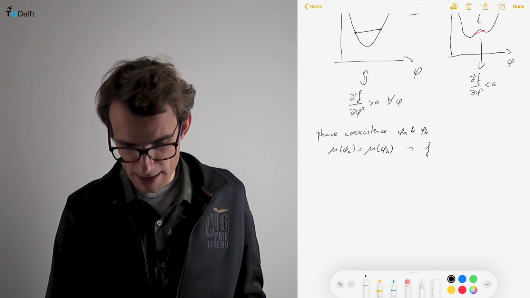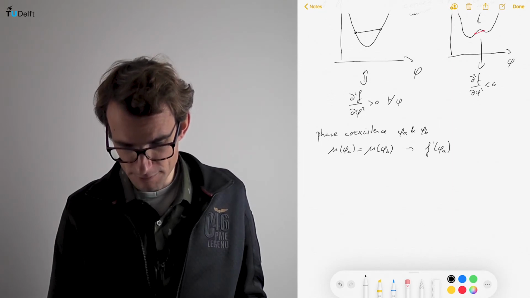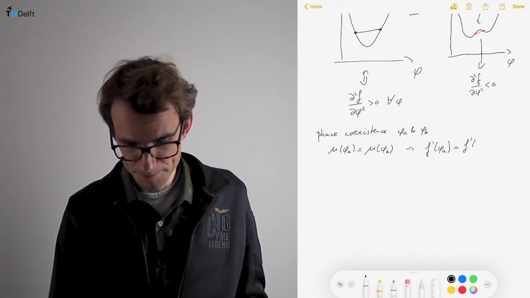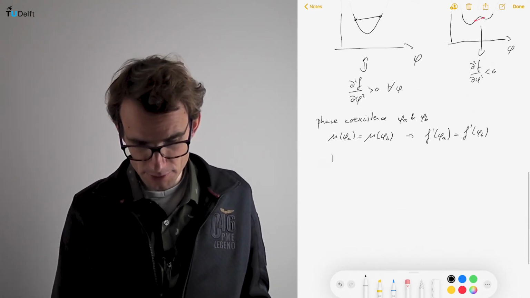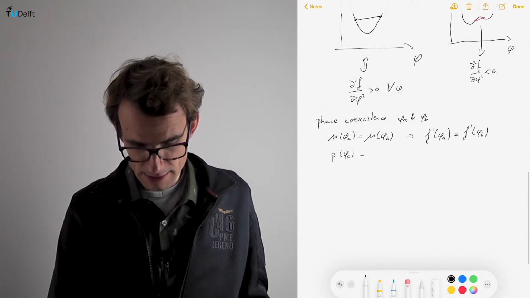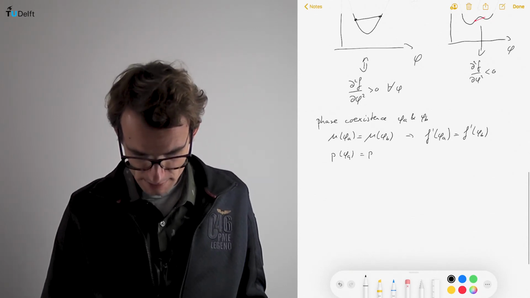The derivative of f at phi A equals the derivative of f at phi B, and the pressure at phi A must also equal the pressure at phi B.